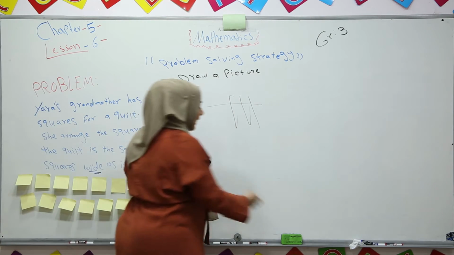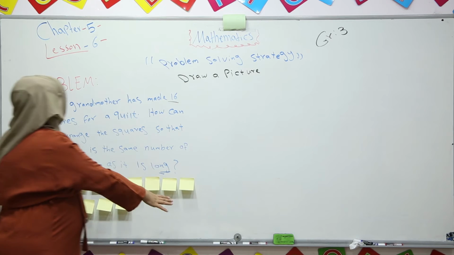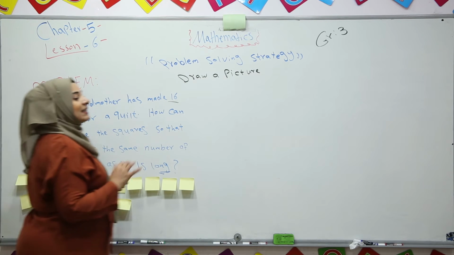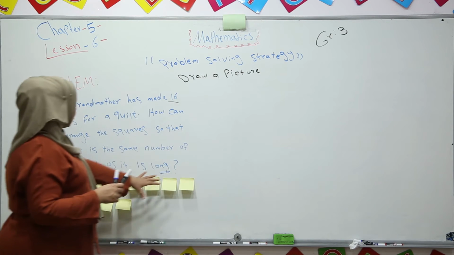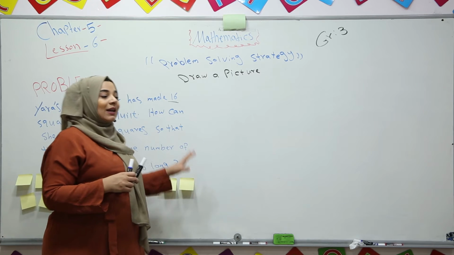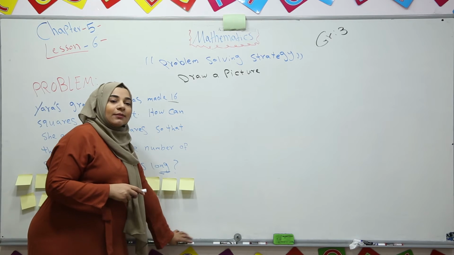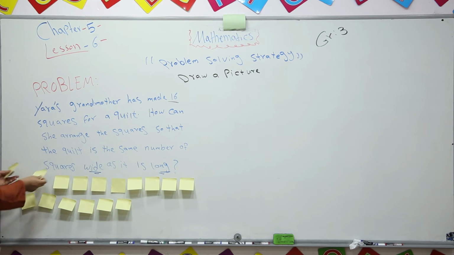It means we can make an array with these 16 squares, but the number of rows should be the same as the number of columns, okay? Now look at here. Let's make a square with it.